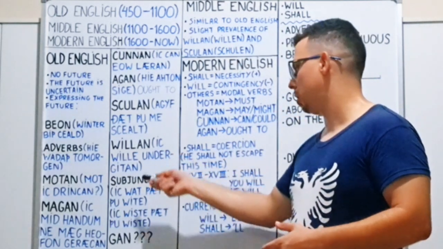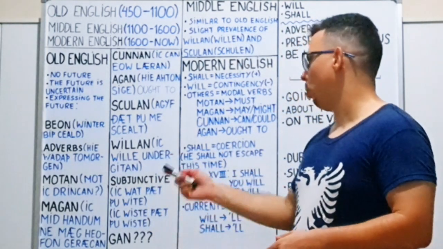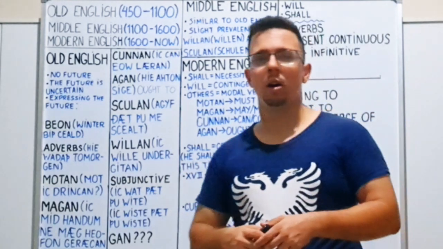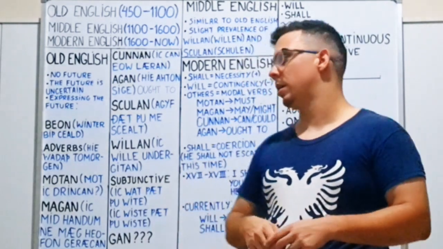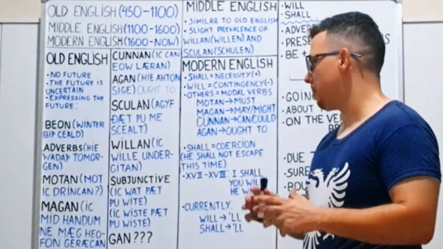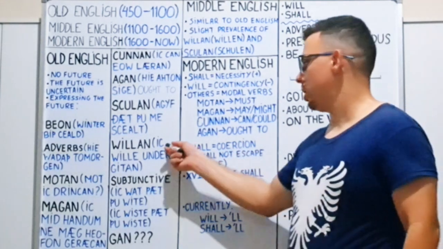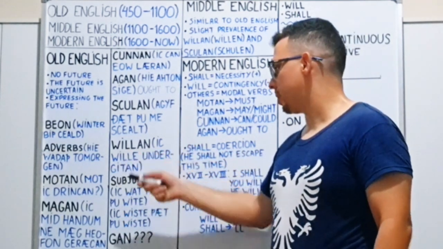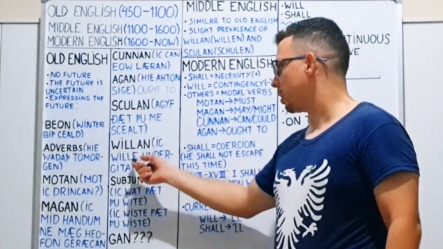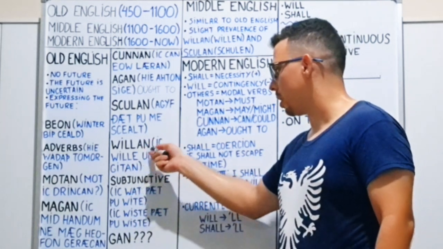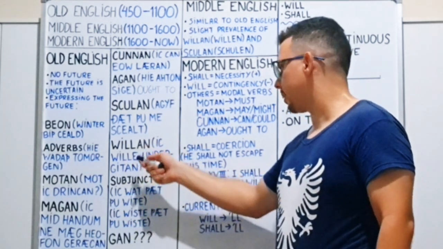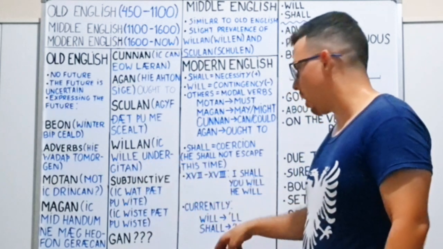So undergitan, andgitan, understanden, all those words are very similar in the sense of conveying the meaning of understanding. So ich ville, I would like to understand. Now notice that there is no to here. It's just I would like understand.